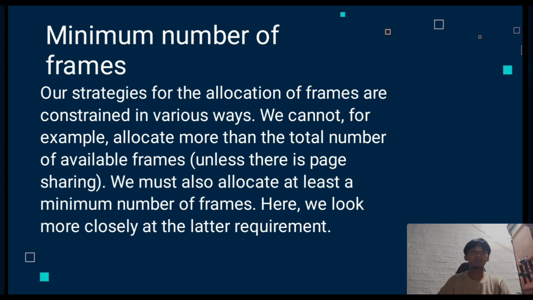Consequently, we must have enough frames to hold all the different pages that any single instruction can reference. So, for example, consider a machine in which all memory reference instructions may reference only one memory address.